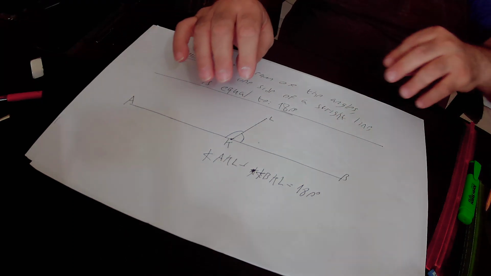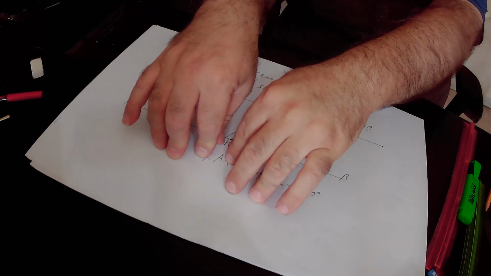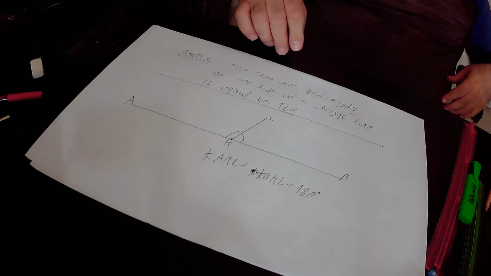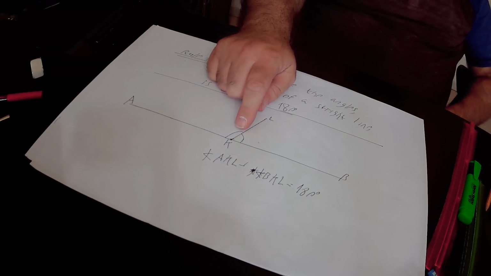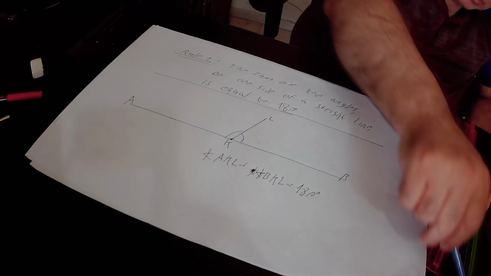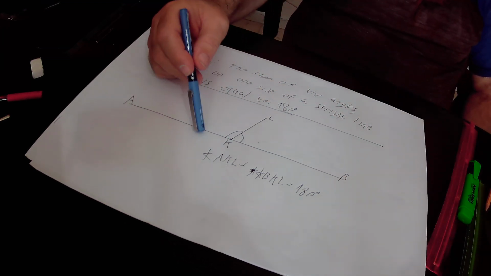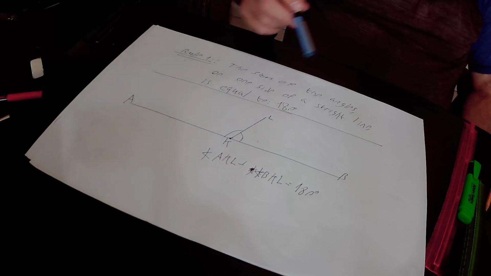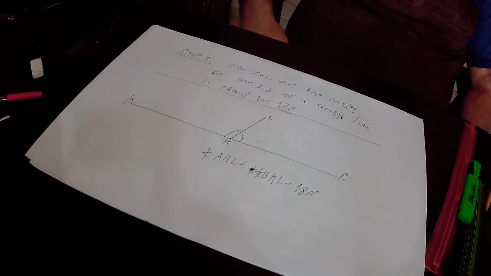The sum of the angles in the lower side here at the straight line AB at point K must be equal to 180 degrees. That is to say, this angle is equal to 180 degrees. And it is very easy to see that it is equal to 180 degrees. Why?